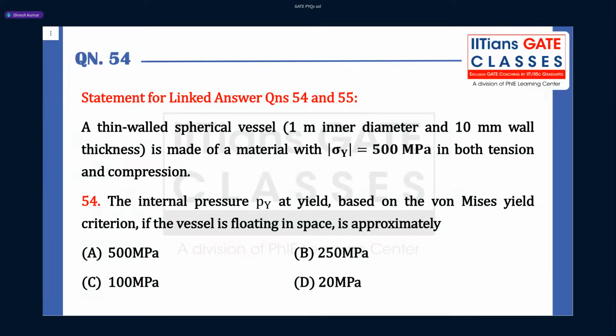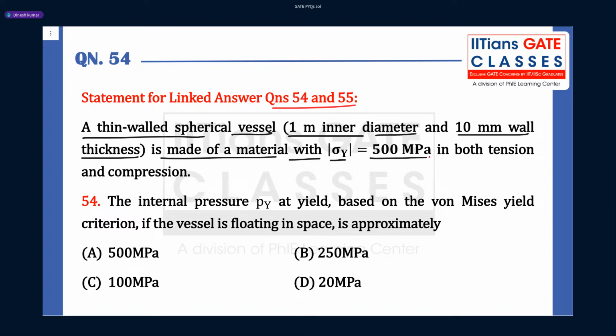Let's see the next question, and that is the last question. So 54 and 55 are linked questions, guys. Okay, common data question. So read what the question says. A thin walled spherical vessel of 1 meter inner diameter and 10 mm wall thickness is made of a material with sigma yield, meaning the yield in tension and compression, in both cases it is 500 megapascal.